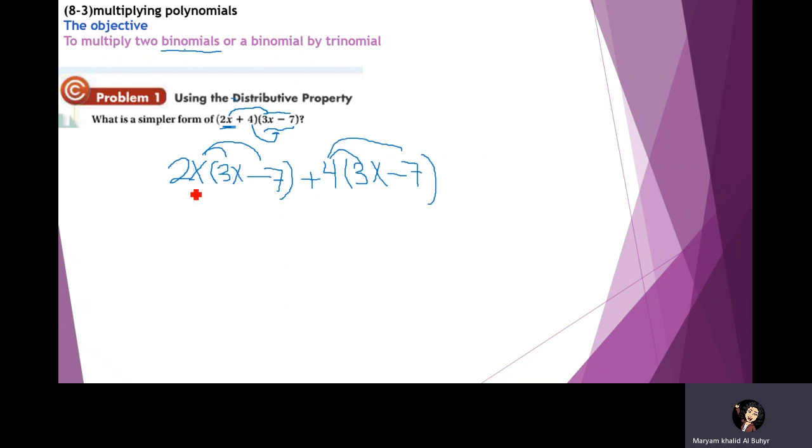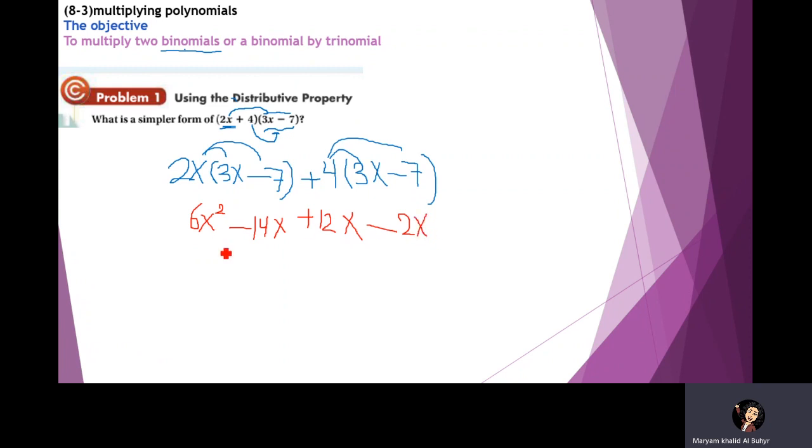Let's work on that. So 2x times 3x, we learned this from the previous lesson. So that is 6x to the power 2 minus 14x plus 12x, then 4 times negative 7, which is negative 28.